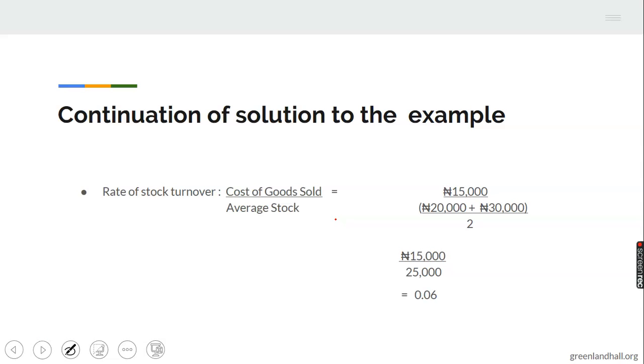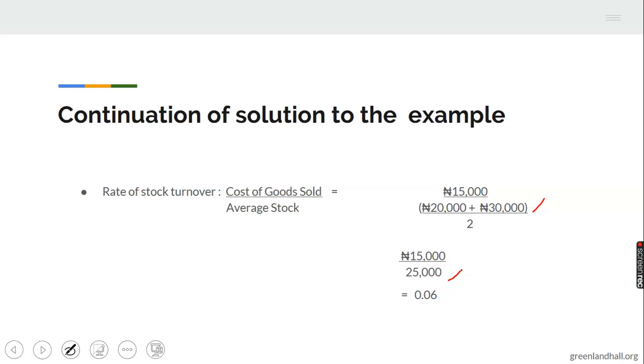The average stock will be equal to the opening stock plus the closing stock over 2, which is 20,000 plus 30,000 over 2. 20,000 plus 30,000 gives us 50,000, divided by 2 gives us 25,000.